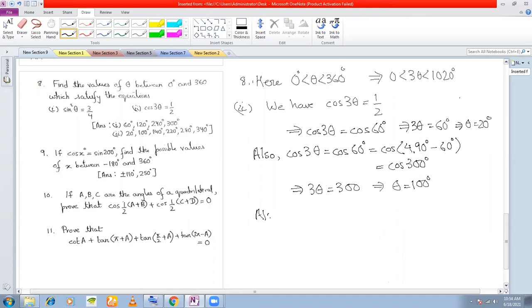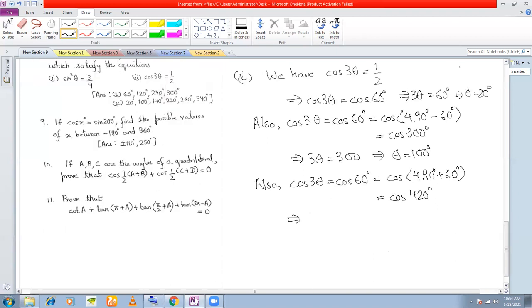Also, cos 3 theta is equal to, now we move to the second rotation. We are on the second rotation now. In the second rotation, you get 4 into 90 plus 60. That is the second rotation, first quadrant solution. This is how much? 4 into 90 plus 60, 360 plus 60 is 420.